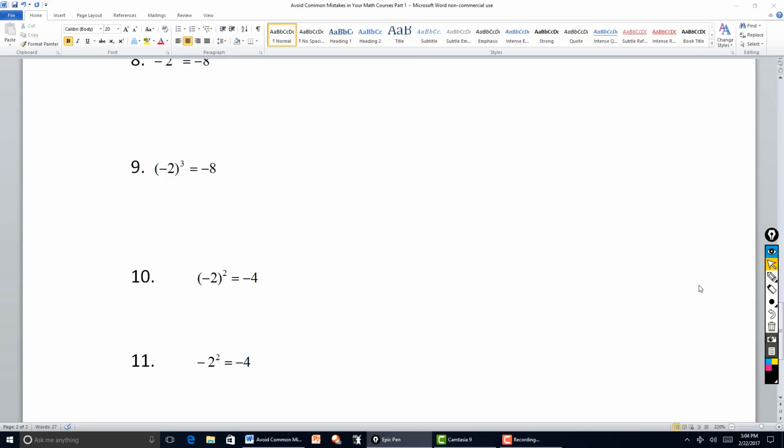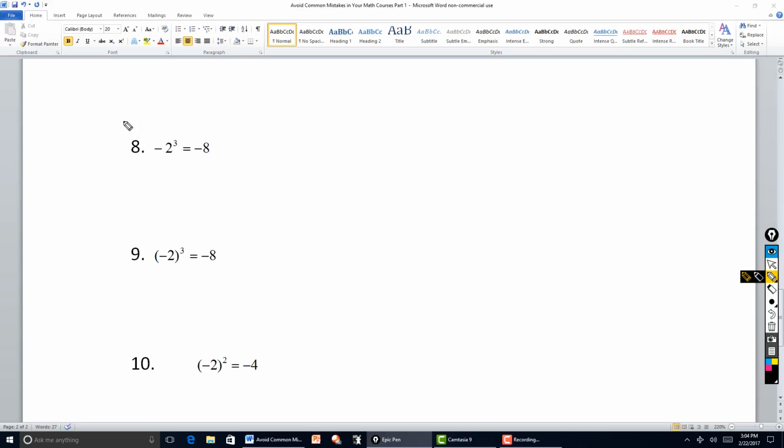Okay. So let's look at this. If you have it in this form, like number 8, this actually means this. So this means 2 to the third. This exponent applies only to the base 2. So it'll be written this way.